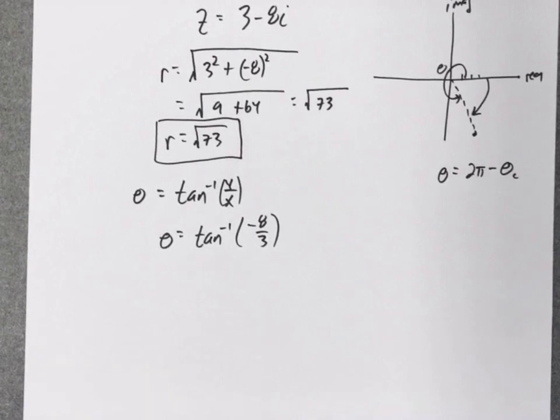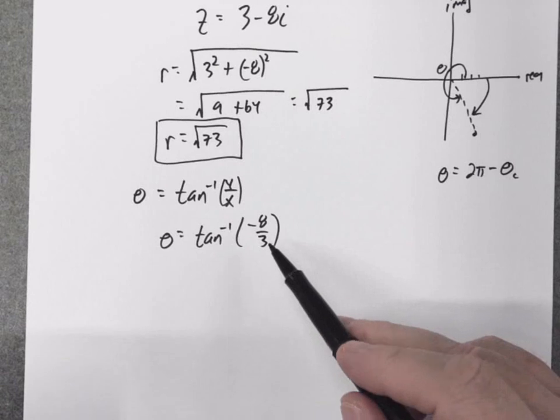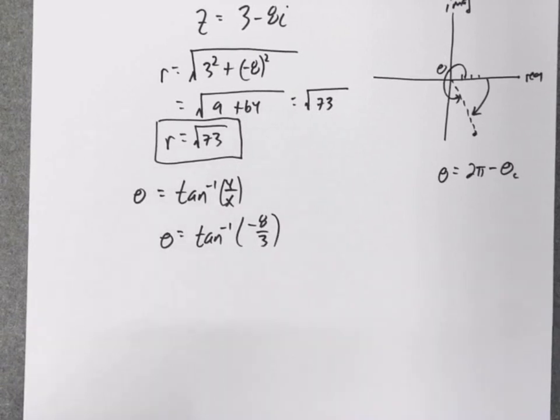So in my calculator, I'm going to put in negative 8 over 3. First of all, I make sure my calculator's in radian mode. Don't forget to always do that. So I'm in radian mode.